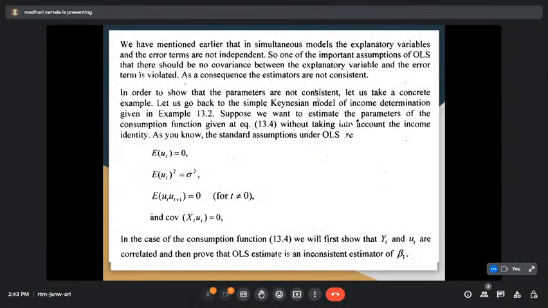Now, the core part of this lecture is the simultaneous equation: how to identify the problem and how to explain the complete elaboration of the hypothesis testing. That is the part of today's session.